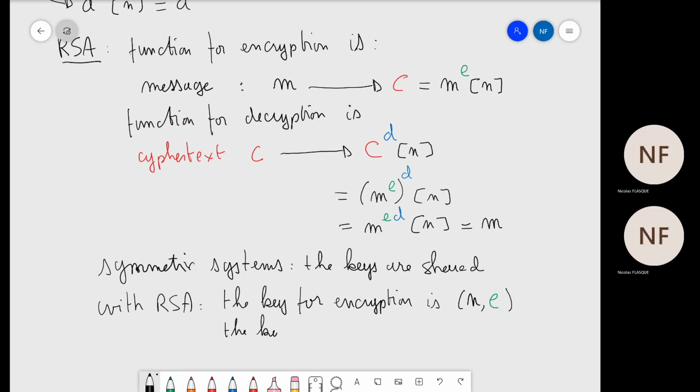The key for the decryption step is the couple N and D. And what's really different from the other systems is that you can publish the value of E and keep the value of D. In symmetric systems, once you know the key for encryption, you can get the key for decryption.